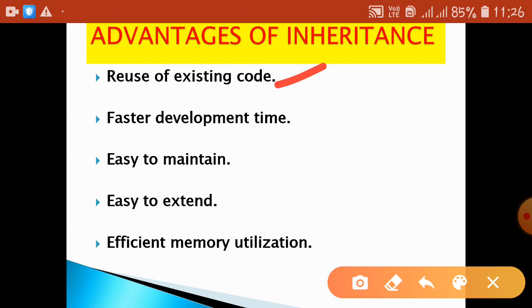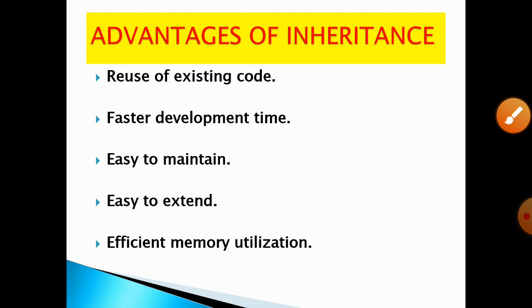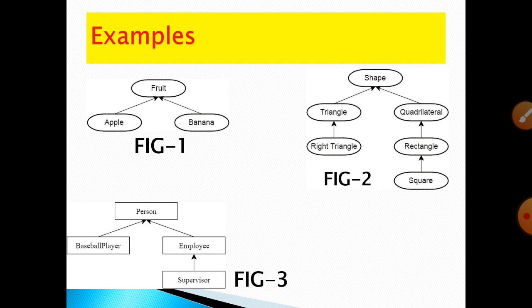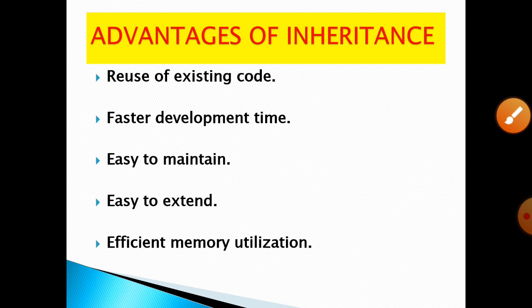There I told you we can reuse the code. As in the previous example, in the shape class, if I define particular members, they can be reused for the triangle also, and for the quadrilateral also. Like this it can be reused so that the length of the code can be reduced.